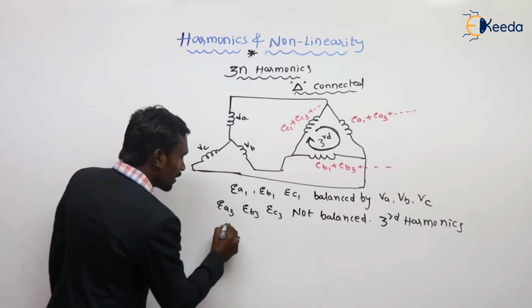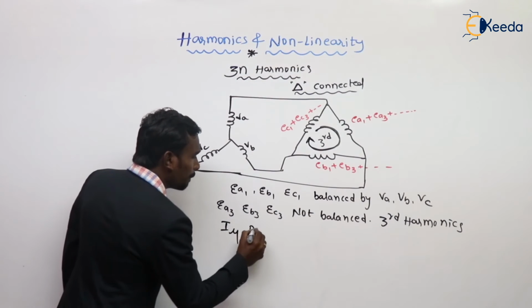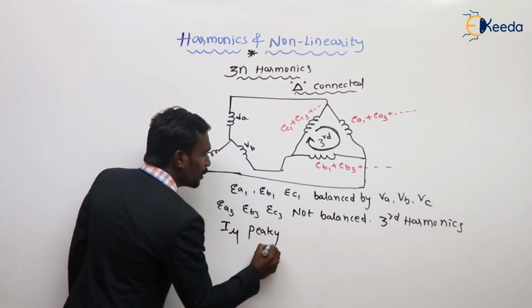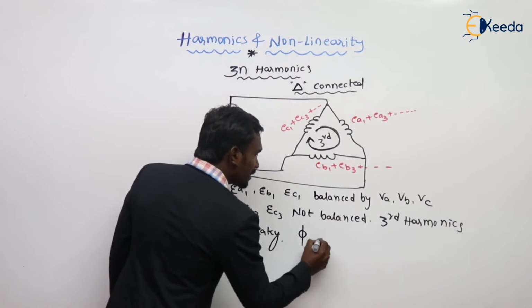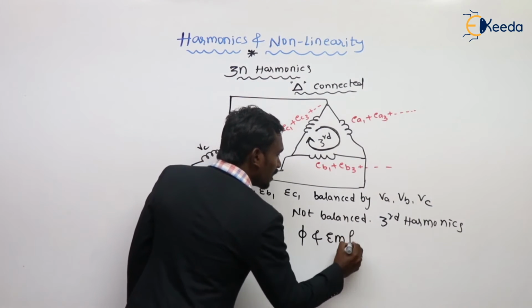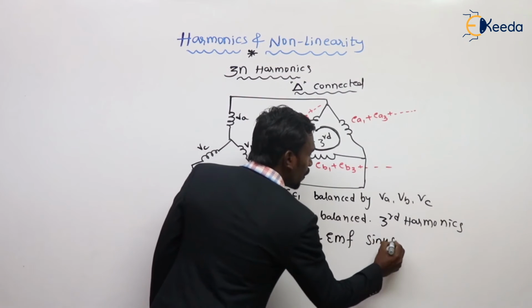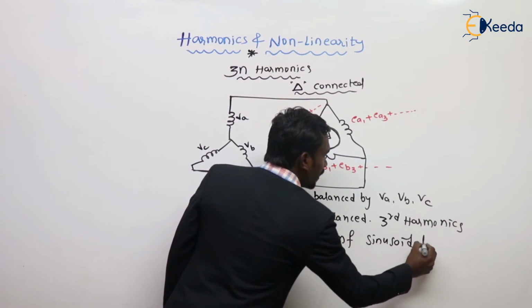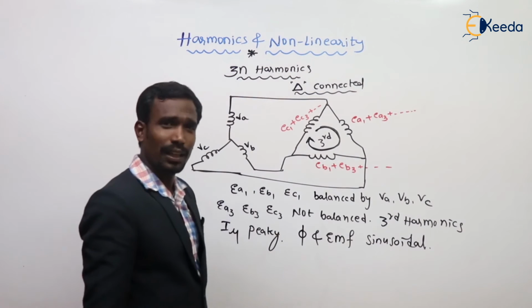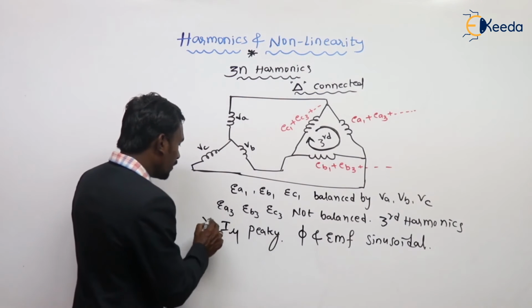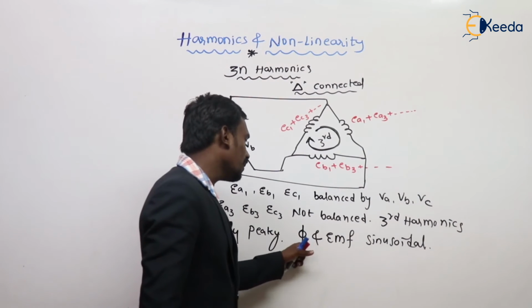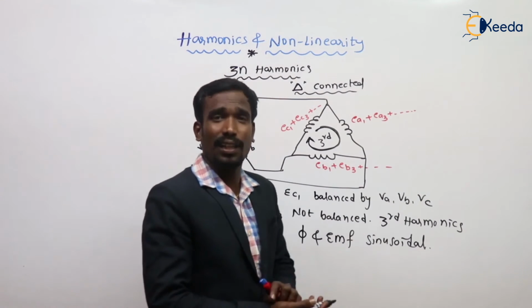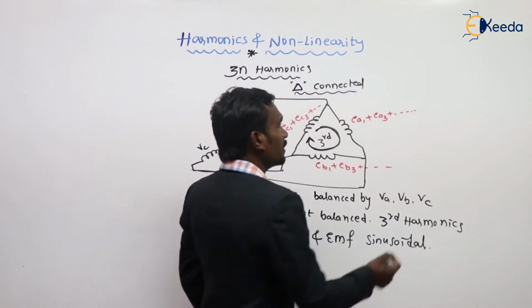Now here I mu is a peaky wave. Then flux and EMFs are sinusoidal. How is it?